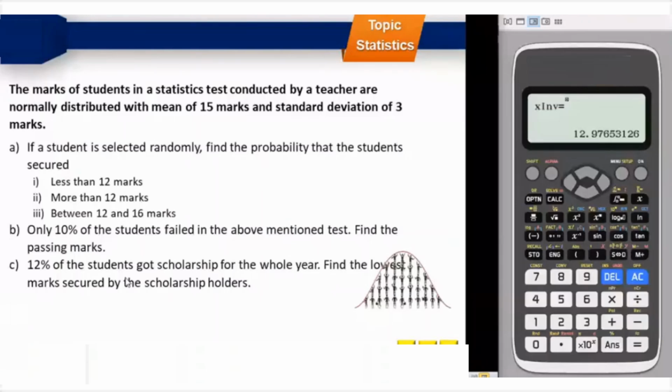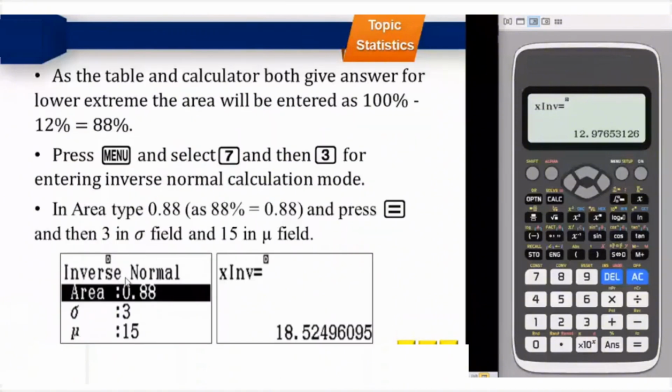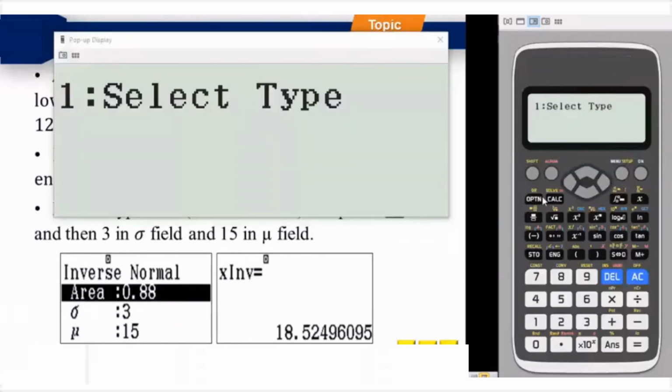If 12% got the scholarship, then it means 88% did not get the scholarship. As the table and calculator both give answers for the lower extreme, the area will be 100% minus 12%, that is 88%. So what we'll do is, we'll press option or menu, we'll go on to this mode.